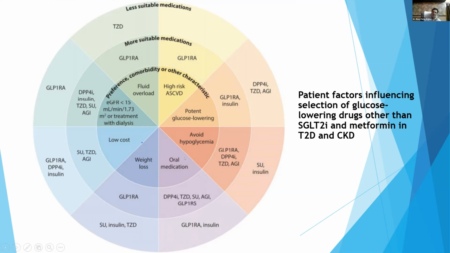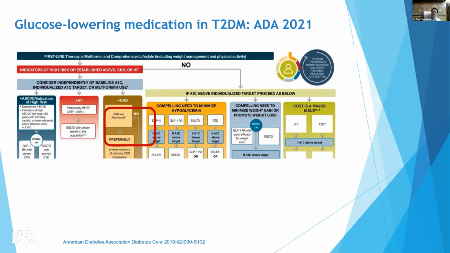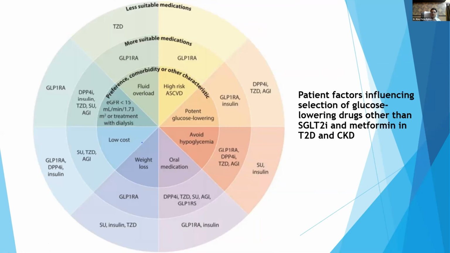Weight loss is a factor, or you just have to keep the patient on oral medication. And last but not the least is avoiding hypoglycemia. So these are various patient factors which need to be taken into consideration to manage the glycemia.